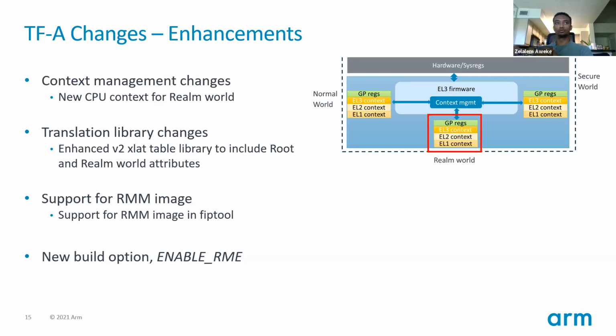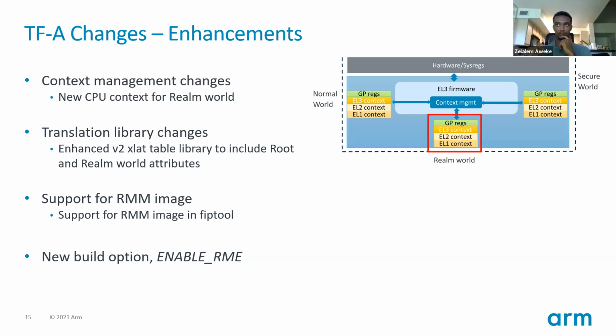We also have other changes such as support for the RME image. For example, we enhanced the FIP tool to support the RME image. And we have a new build option called ENABLE_RME. If you want to enable the RME feature, you set ENABLE_RME to 1. These are some of the enhancements.